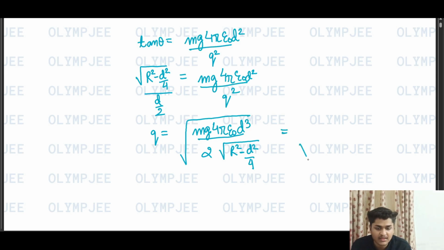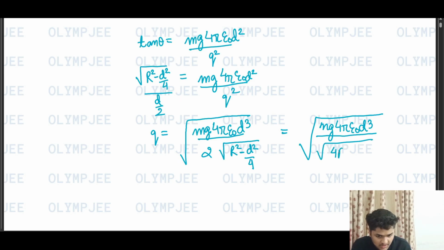So this is the final answer. Let me simplify it a bit more. It will become mg 4 pi epsilon naught d cube divided by root of 4r square minus d square. So this is the final answer for question 1.